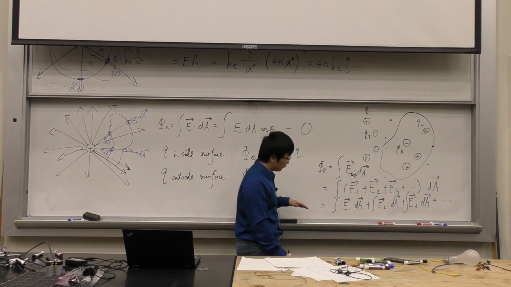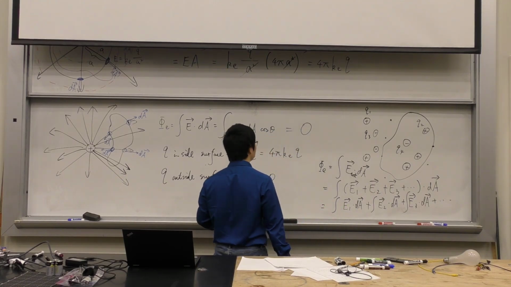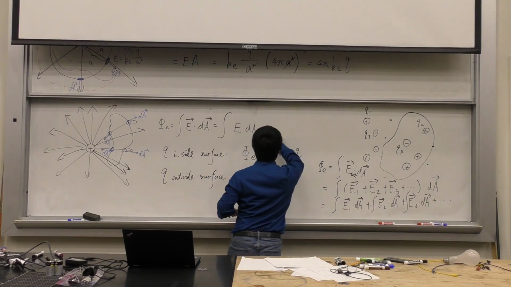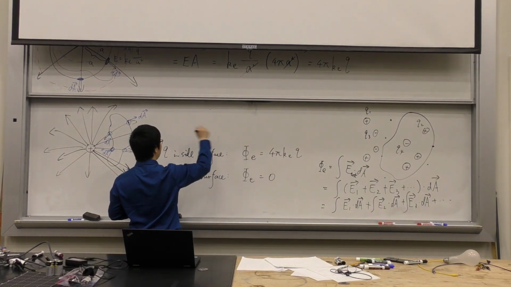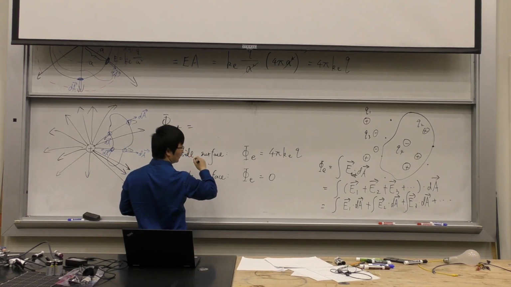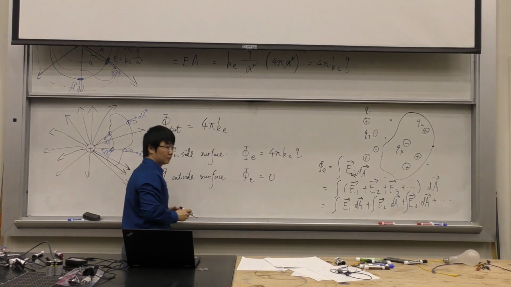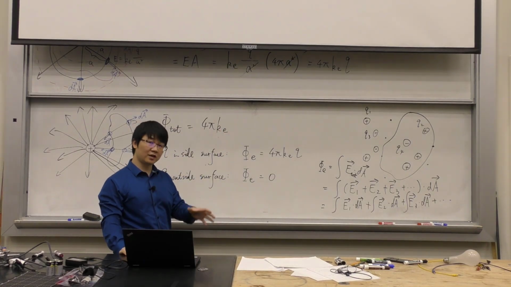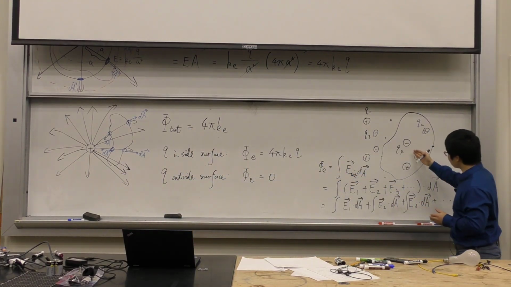So that means if I do it this way, after I distribute it, okay, what do I get? I will get a very nice conclusion. So the total flux through that surface is just going to be 4 pi Ke, and then I'm just going to add all these charges together inside the surface, right? So Q2 inside, Q4 inside, like these 4.